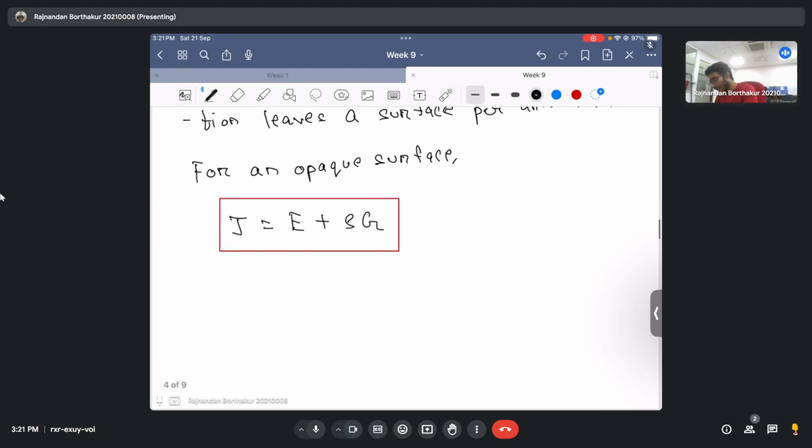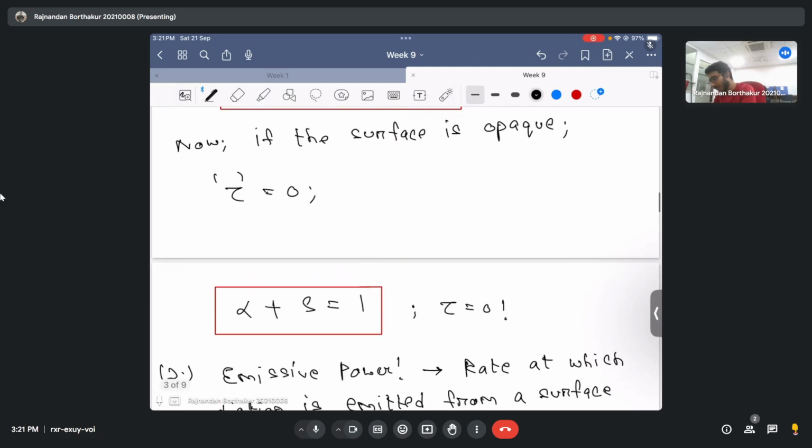So this radiosity can now be simplified as the emissive power, which for any generic body can be written as epsilon sigma T raised to the power 4, plus this rho, which for an opaque body can be written as 1 minus alpha, where alpha is the absorptivity, times G, and this we have written from this very equation.